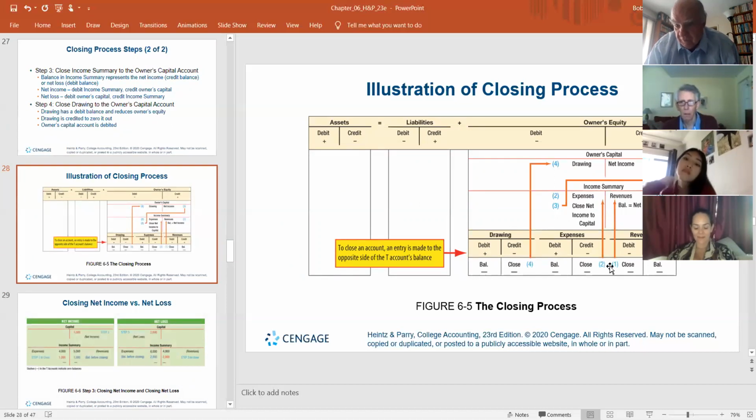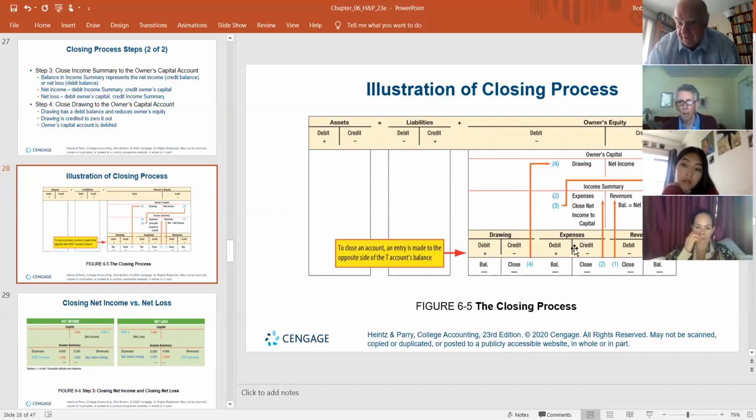We are going to see what the revenues were, and we're going to debit those revenues, and we're going to credit them into income summary. We're going to get rid of the expenses with a debit, and that goes into income summary.